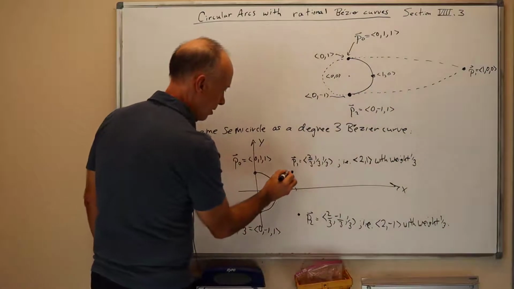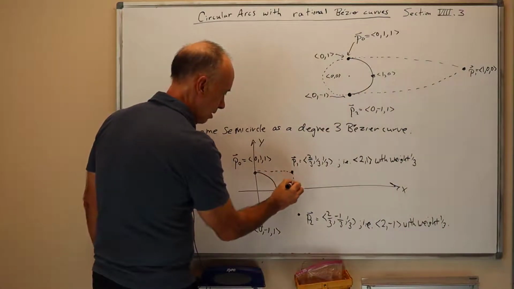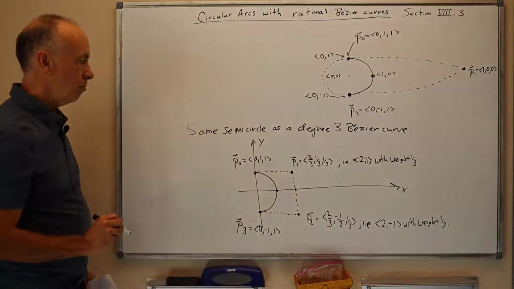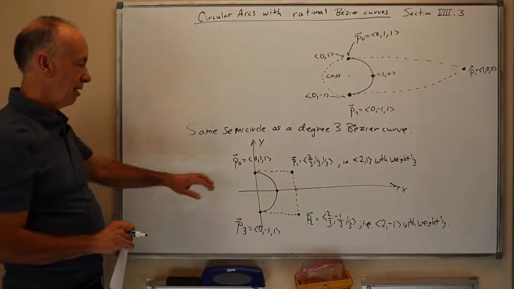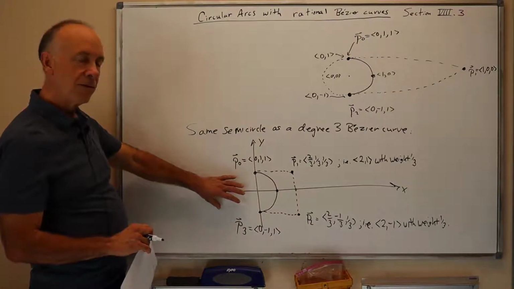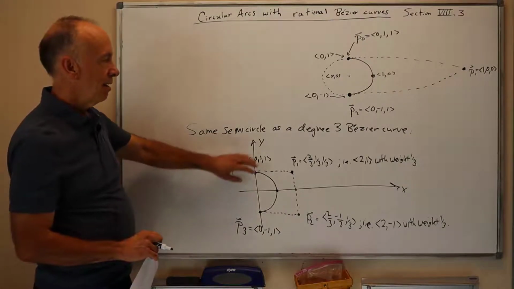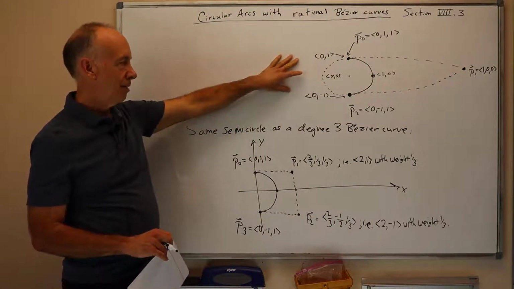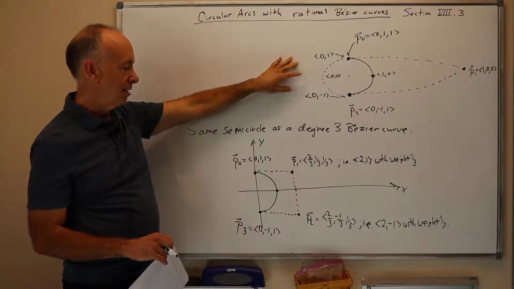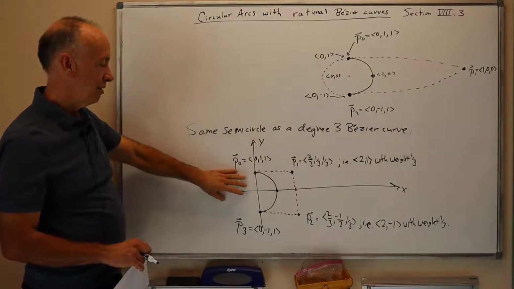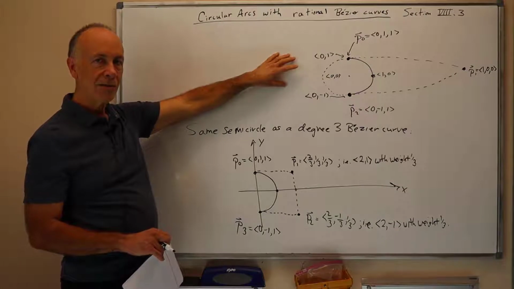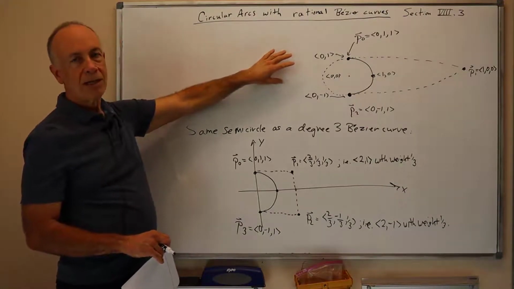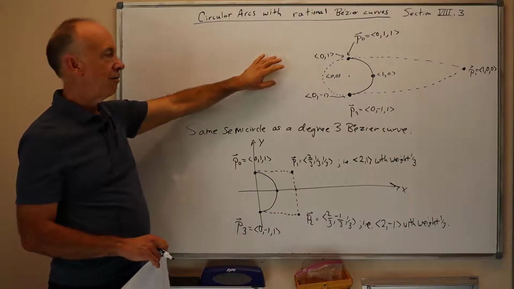So the control polygon is here, and it's straightforward to check that the degree 3 Bezier curve defined with these 4 control points is exactly the same as the degree 2 Bezier curve defined with these 3 control points, in the sense that Q of u for this curve is always exactly equal to Q of u for this curve. But for the rest of this presentation, we'll just talk about degree 2 Bezier curves.